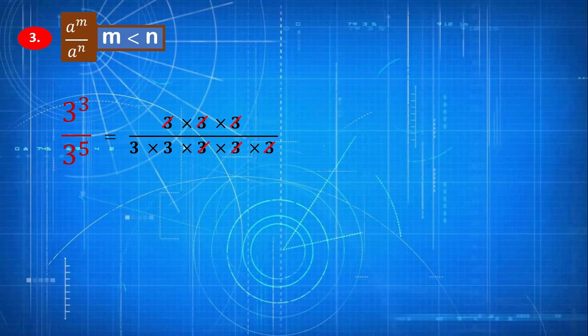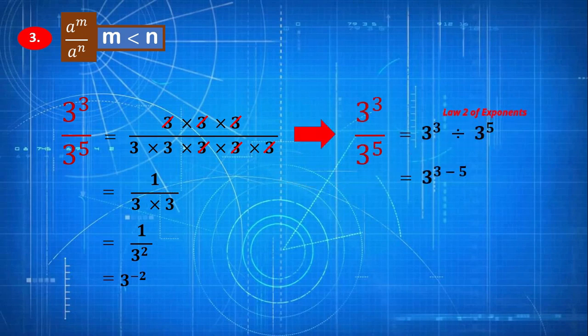Now, we will come up with 1 out of 3 times 3, and this is the same as 1 out of 3 squared, and this is the same as 3 to the power of negative 2. In a similar way, if we get 3 to the power of 3 minus 5, since the bases are the same, we will come up with 3 to the power of negative 2.